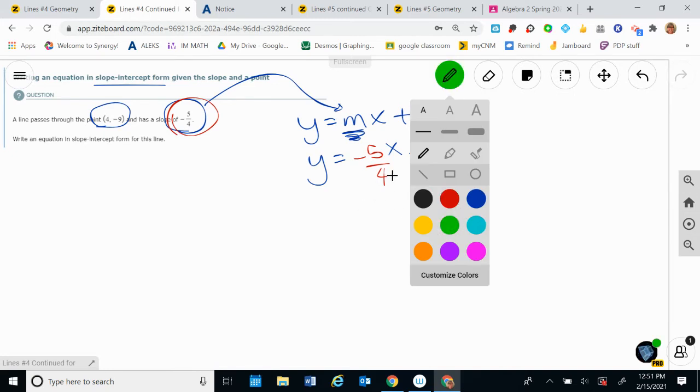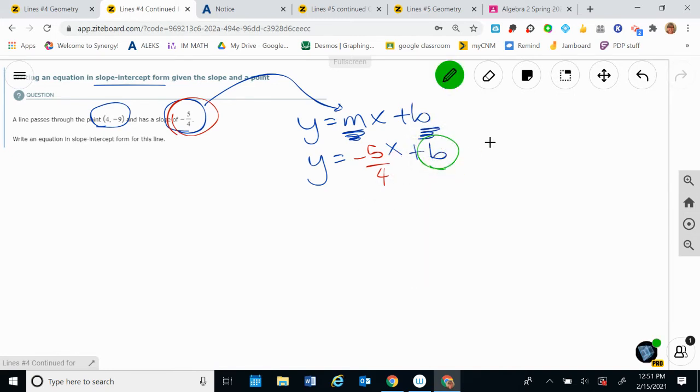And how are you going to get b? Like, how do you do it? Well, you're going to use the point. You guys, they gave you a point that is a solution. If the point is a solution, when you plug it in, it's true. Okay, so this is going to be your x and your y.